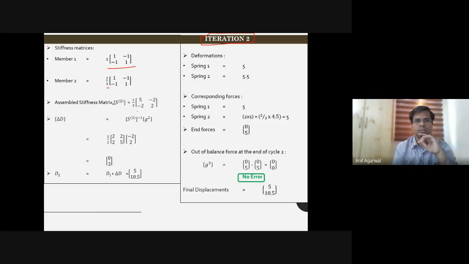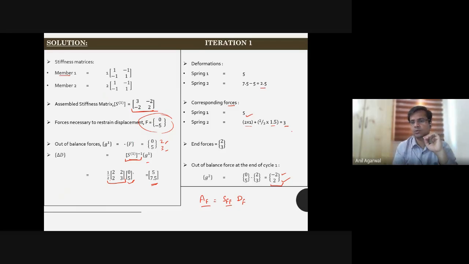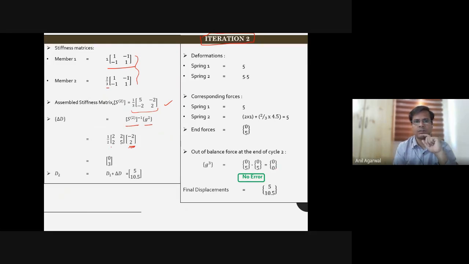So this is the SFF matrix. By assembling these two, I get SFF. I take the inverse of that and pre-multiply with the unbalanced force. What was the unbalanced force? -2, 2. So I pre-multiply the inverse of the stiffness matrix with the unbalanced force matrix. I get the new deflection matrix 0, 3.